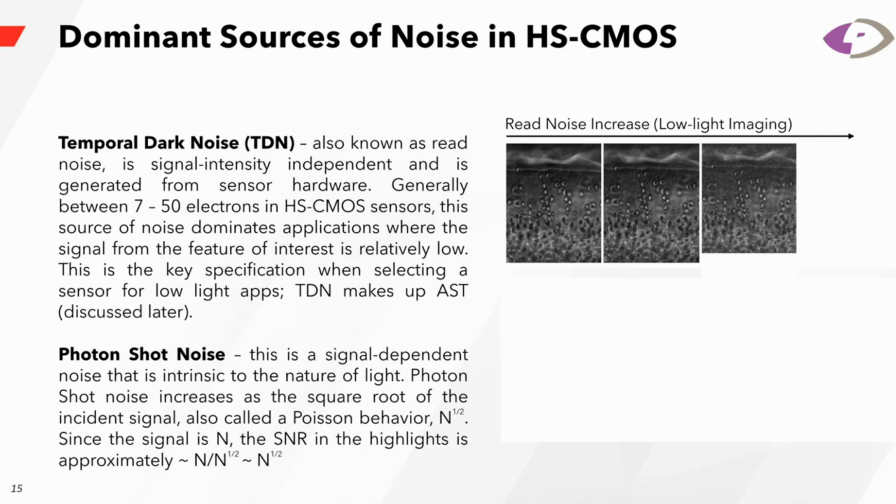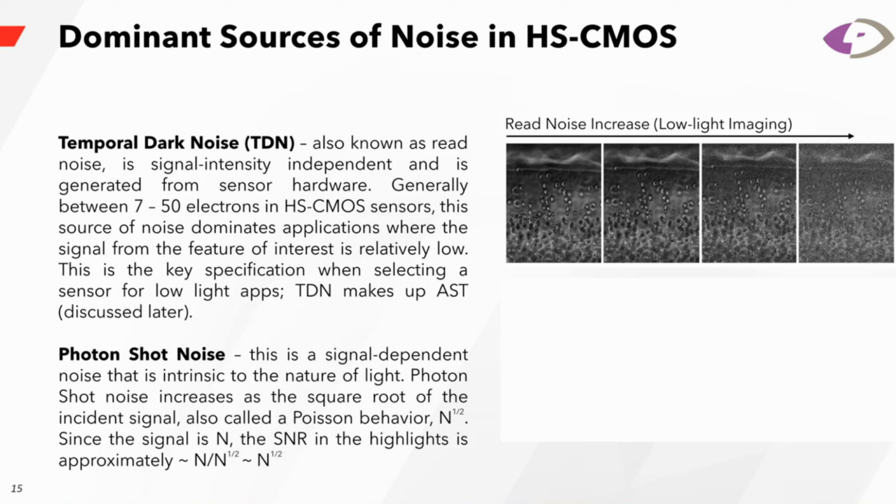And if you have a sensor that has too much read noise, it's very possible you cannot see your sample at all. So it's very important to know what the read noise on your sensor is. And also it's very helpful to know what the AST is on your sensor, which we'll discuss later.